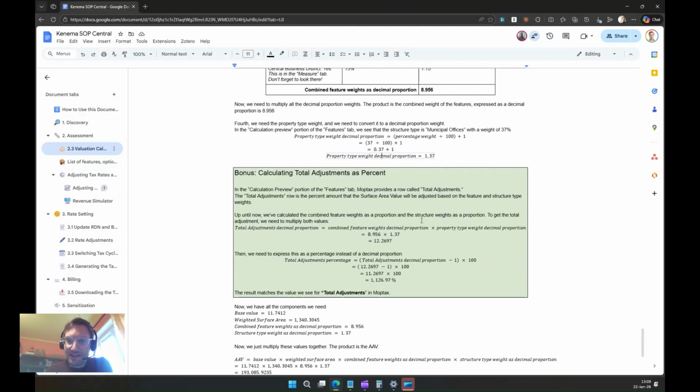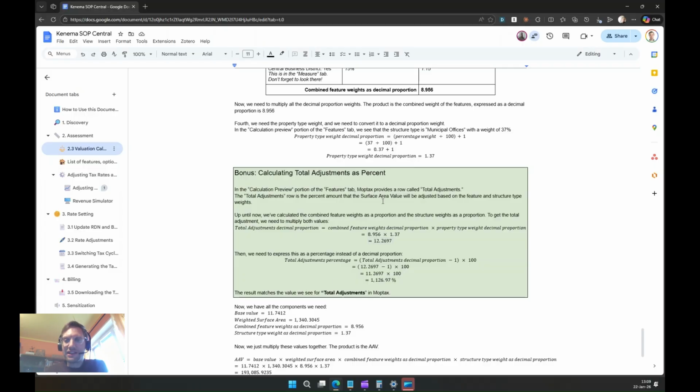So we take the combined feature weights, 8.956, which is here, and we have the property type decimal proportion weight, which is 1.37. We have both of those here. We multiply both of those together, and we get 12.2697. So this is the weight. When we combine the feature weights and the property type weights together, we get 12.2697.